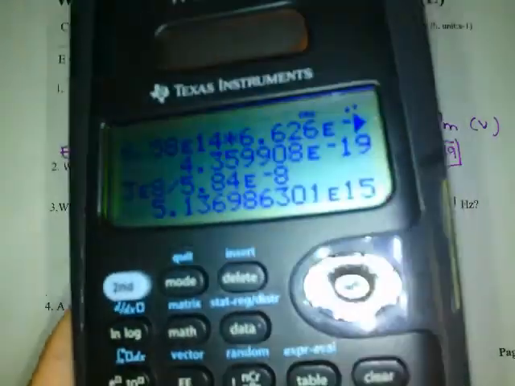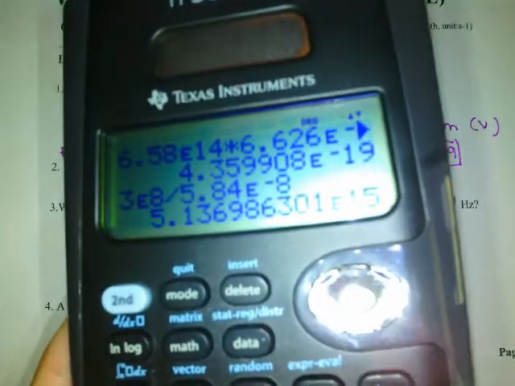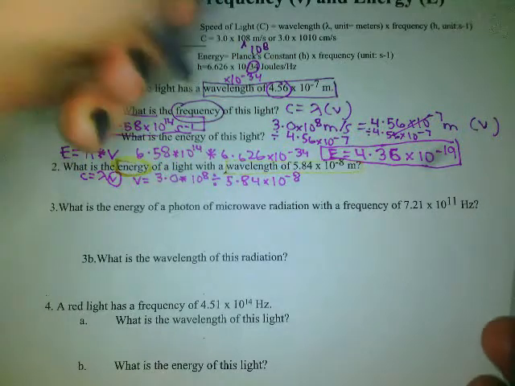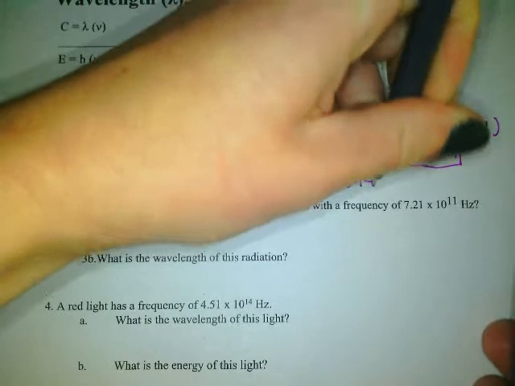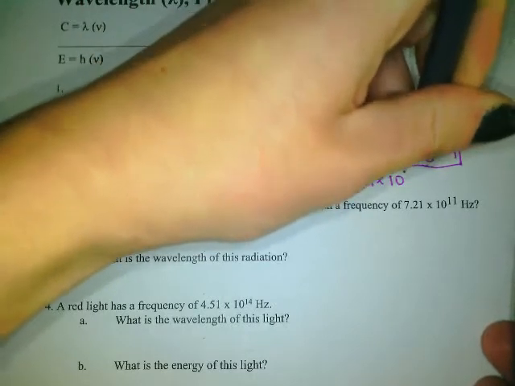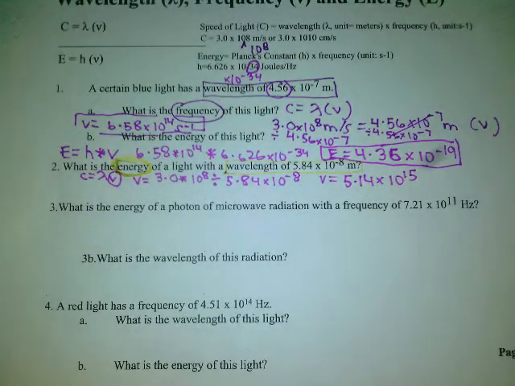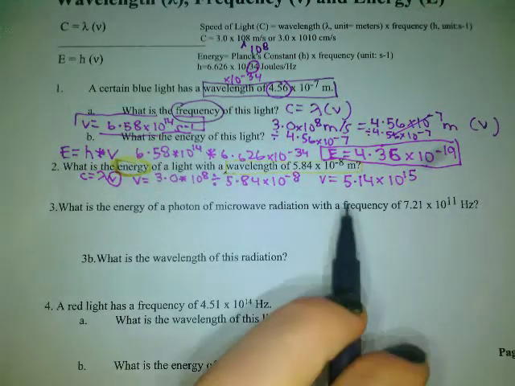Oh, you know what? I just realized I need to put in units. So my units, again, is seconds. And I didn't put my unit up here, so I'm going to make sure I go back and do that. So my unit for energy is going to be in joules. So I'm going to add that J up there. Don't forget your units. You don't want to lose points for that.